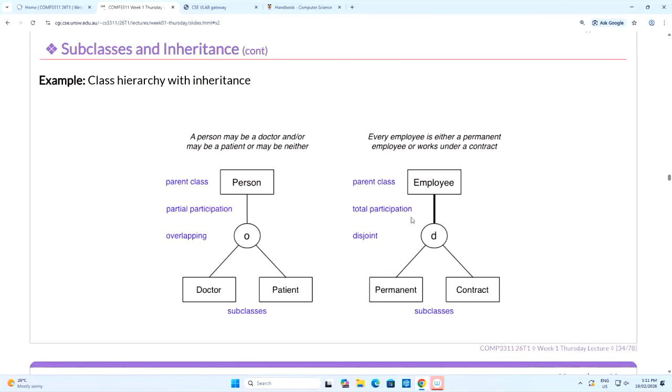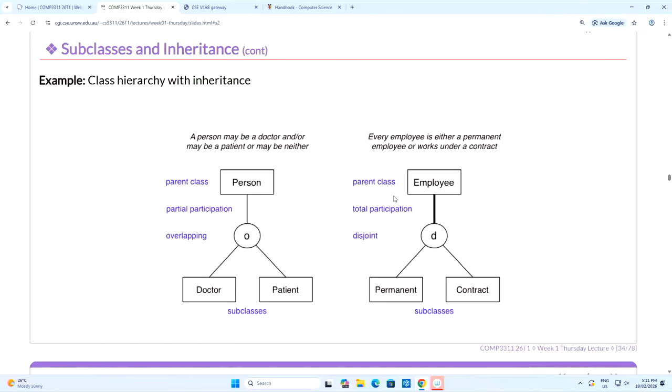This usually happens in a company's database where everybody is an employee. Steve Jobs was an employee of his own company. He got fired from the company, by the way, but that's a different story. Sam Altman is an employee of his own company. And Bill Gates was an employee of his own company.